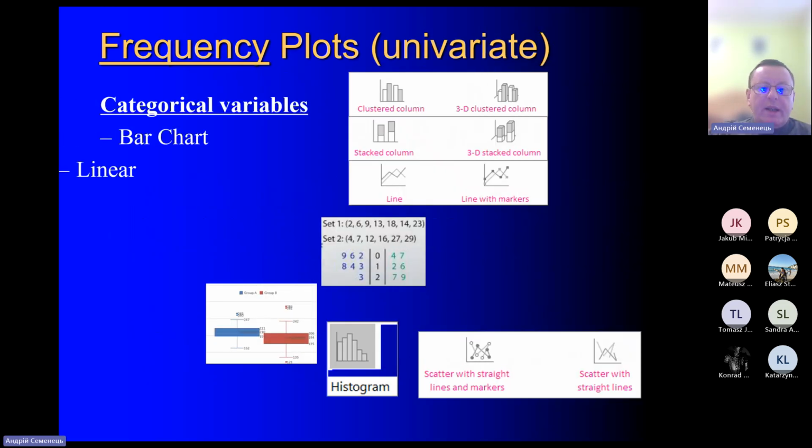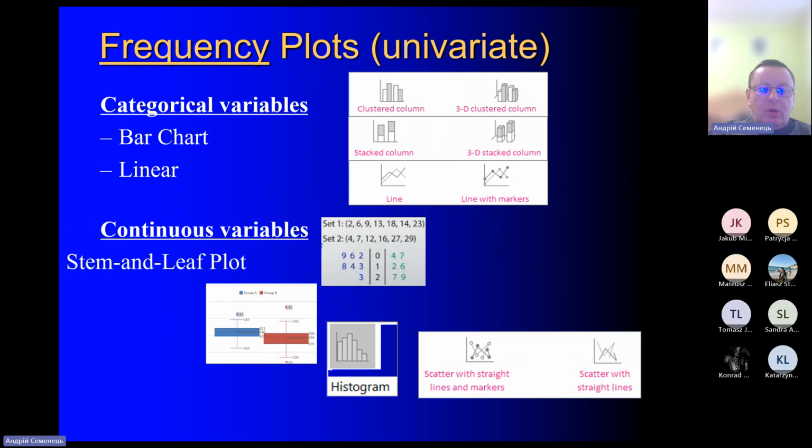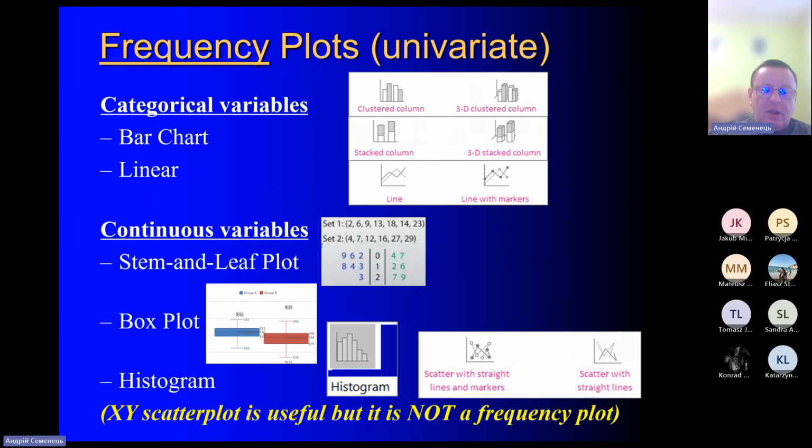So, quick review. Right now I will put emphasis not on exact data visualization, not on depicting our numerical data, but rather on depicting frequency, how data occurs within a given variable.